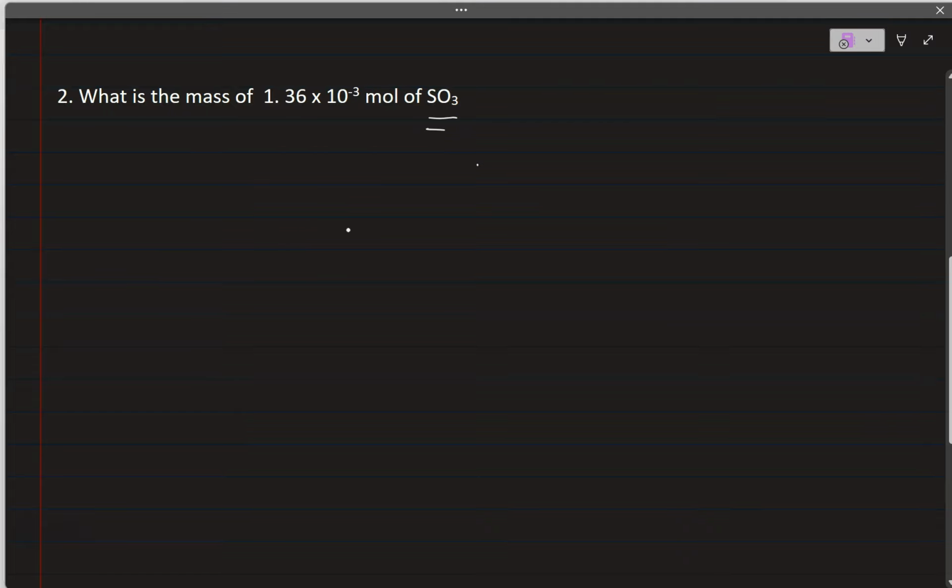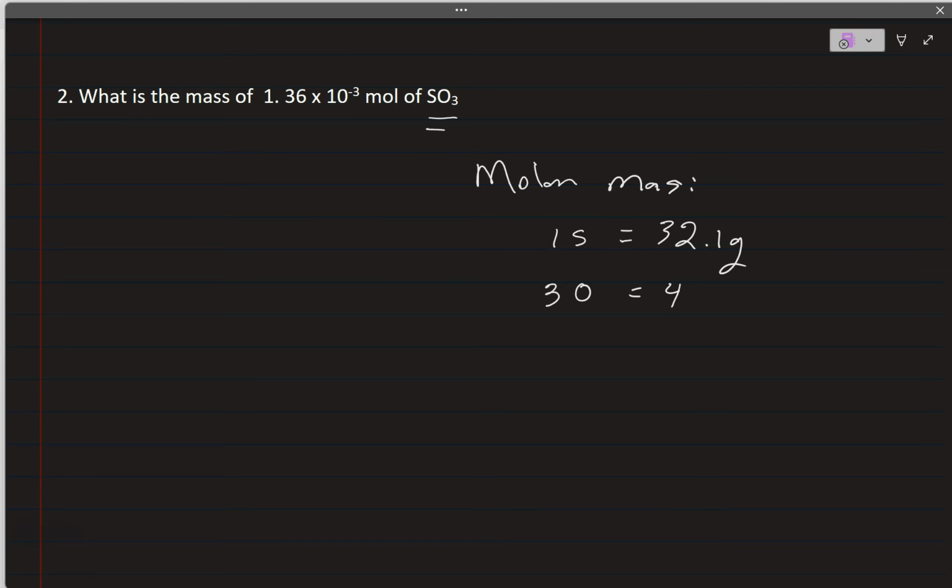So the molar mass will end up being, quickly do that, 1 sulfur, that is 32.1 gram. We have 3 oxygens, and that's 48.0 gram. And you put them all together, that is 81 gram. That's the total molar mass of SO3.